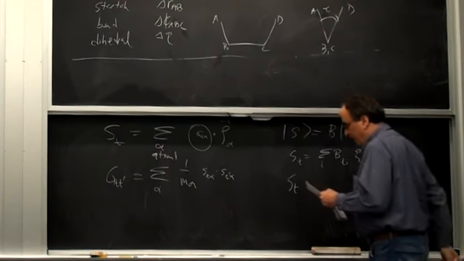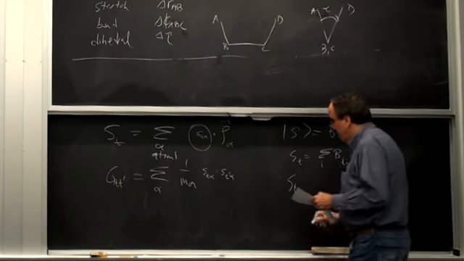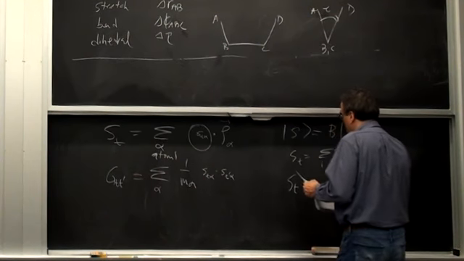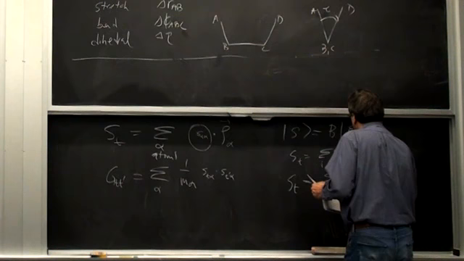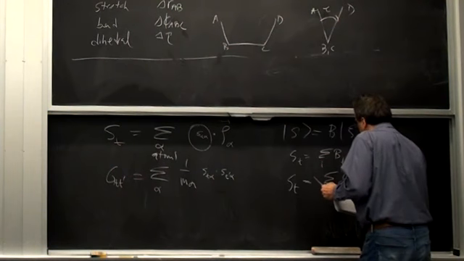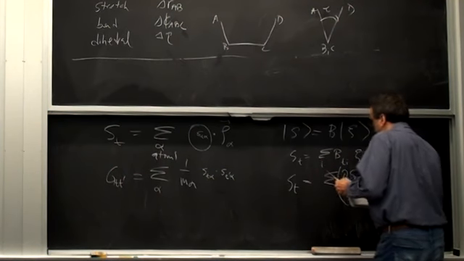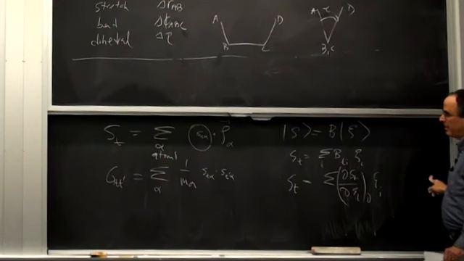Now we can write this as a power series, and so we say that this is the partial of S_t with respect to psi_i at 0 times psi_i, and neglect the higher terms.